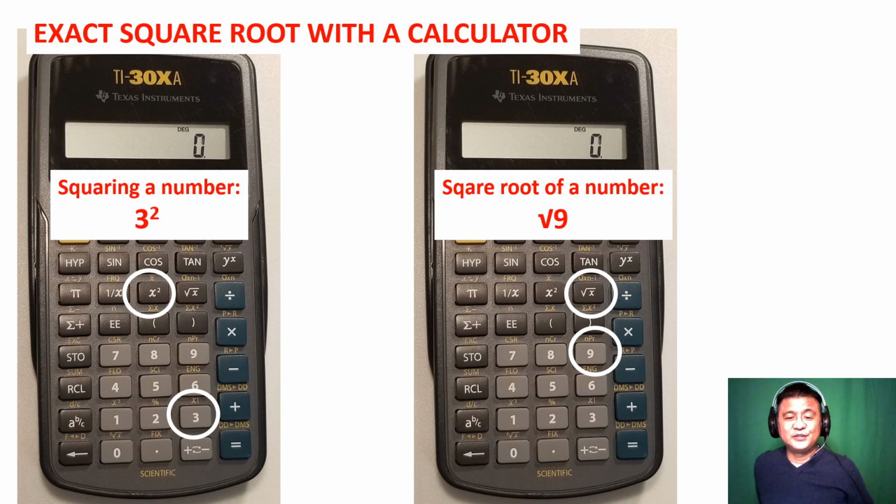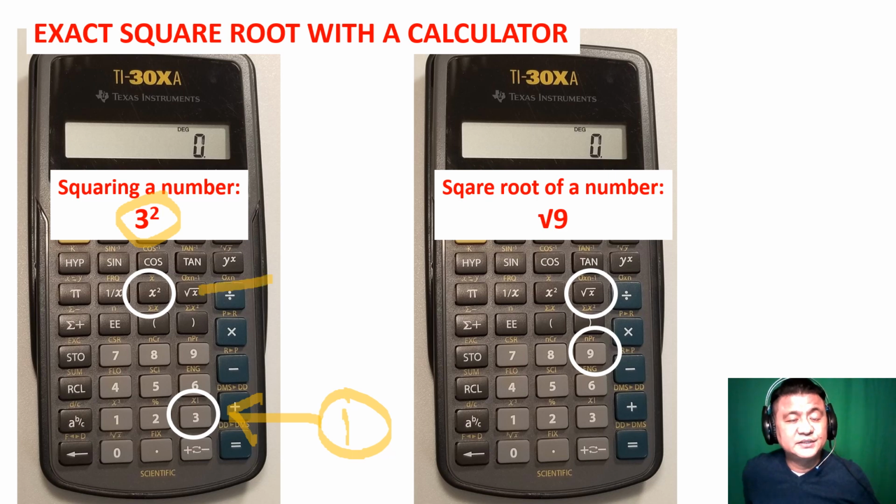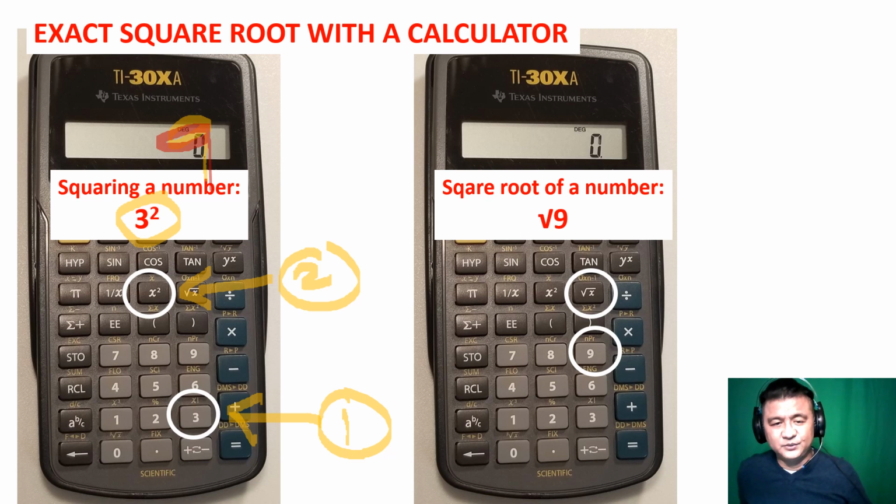Okay, so let's start with the easiest way to solve square and square root. Let's start with squaring a number, 3 squared. When you do 3 squared on the calculator, start by pressing 3 and then press the key x to the second power. You will get an answer of 9. It will appear in the calculator. You don't need to press the equal sign.